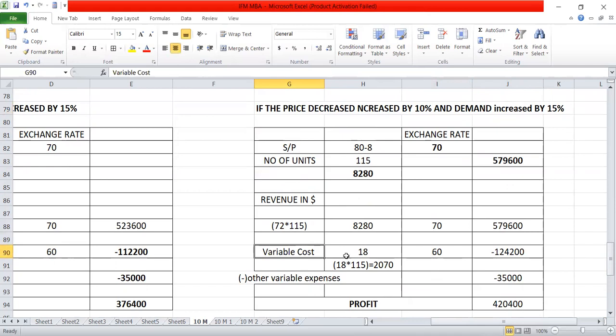If it is decreased by 10%, 10% of 20 means 2 rupees, so 20 minus 2 is 18 rupees. So 18 into the quantity demanded, which is 115 units. 18 into 115 is 2,070, into 60 rupees, that is 1,24,200. Now sales minus variable cost. Next, other expenses are 35,000, so minus this, the profit is 4,20,400.